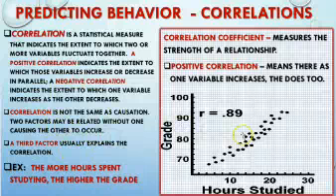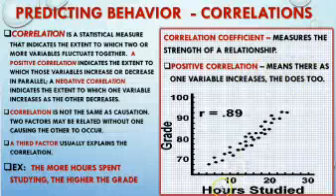And in this illustration, we have what is called a correlation coefficient, which measures the strength of a correlation, which is a number. Positive correlation means that as one variable increases, the other one does too.